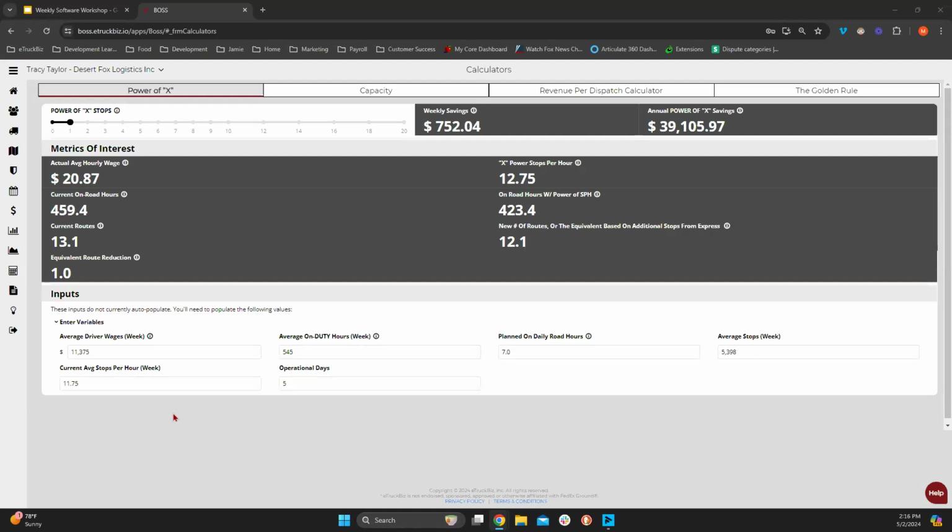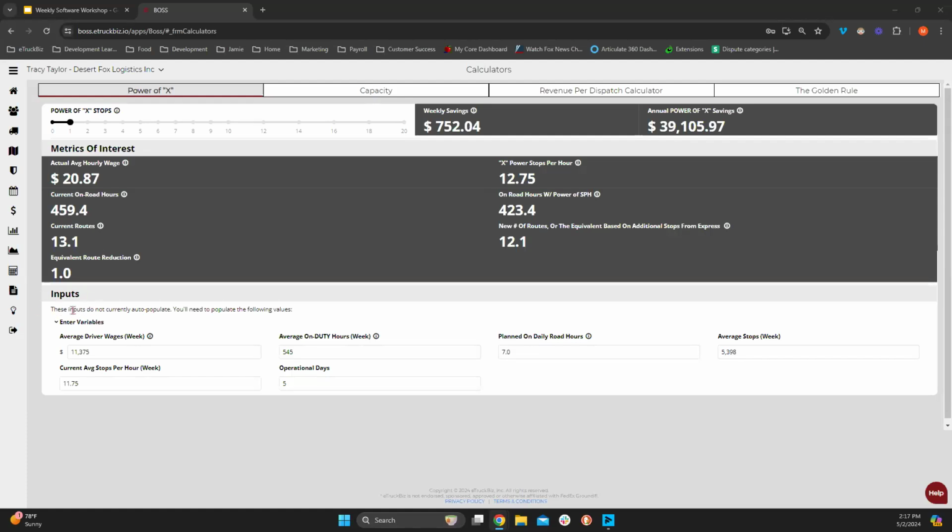It's just taking up the capacity that already exists within your trucks, which is the next calculator. So that's a whole other thing as far as not adding an extra truck when Express comes, which we've talked about before. But if you'd like us to go over it again, we can.